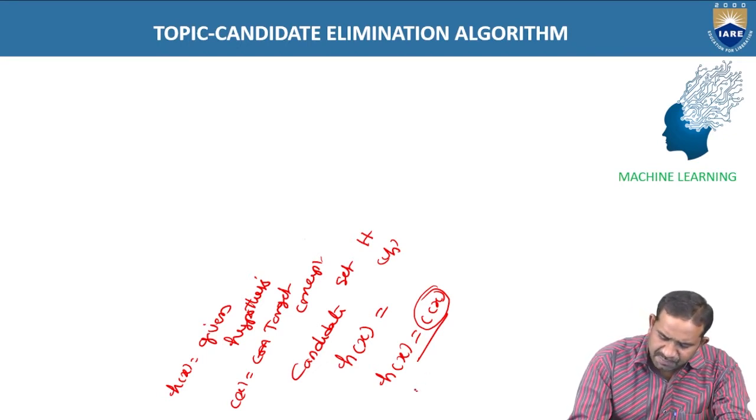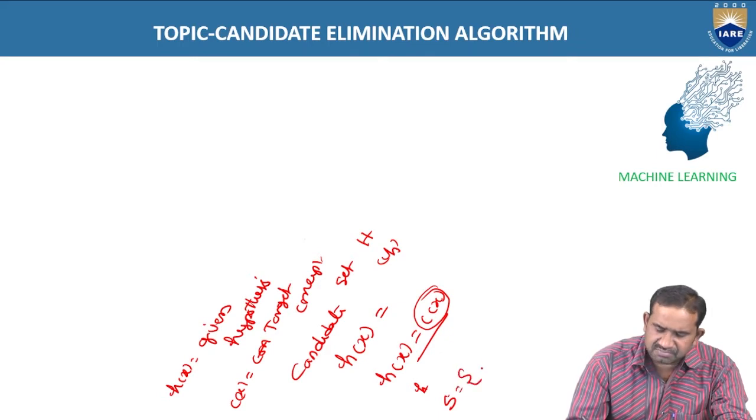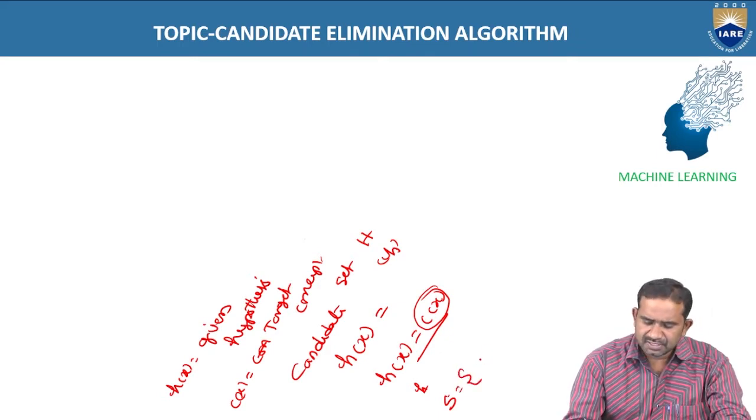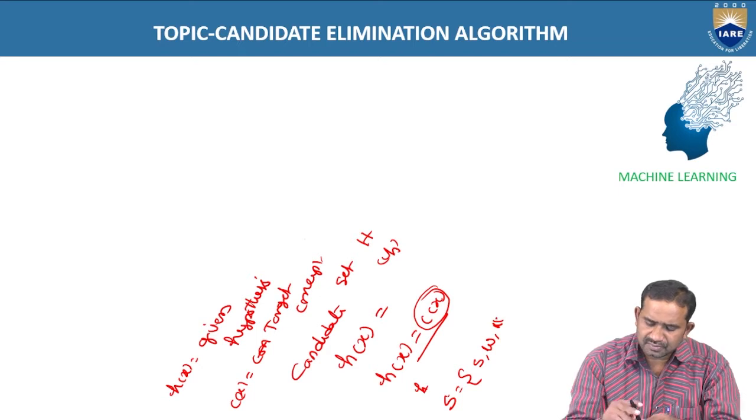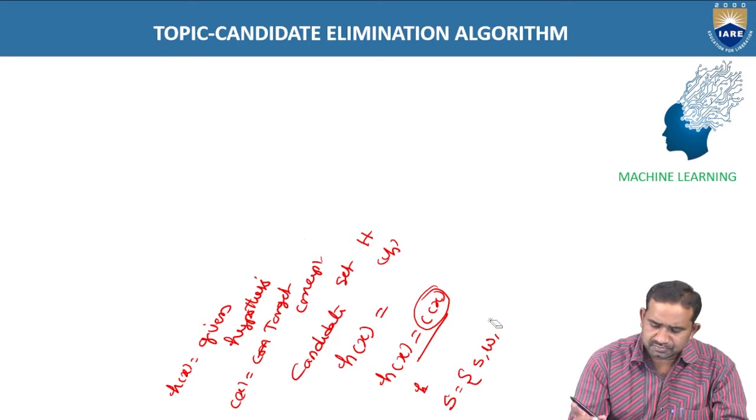For example, a hypothesis has some attribute values: sunny, warm, normal, strong, cool, and same.